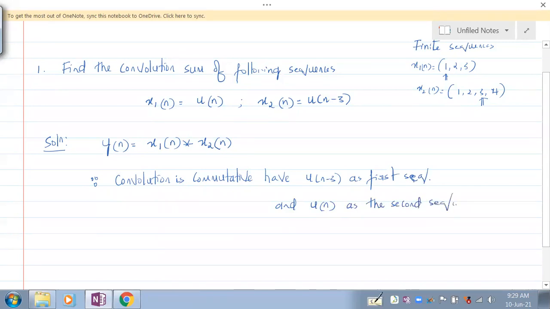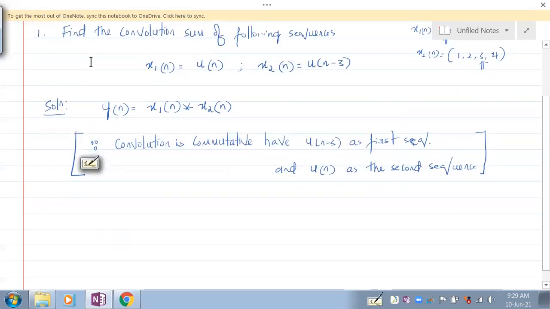This is just for your note, need not be written in the examination. So what I do is this: y of n, I'll keep x2 of n first.